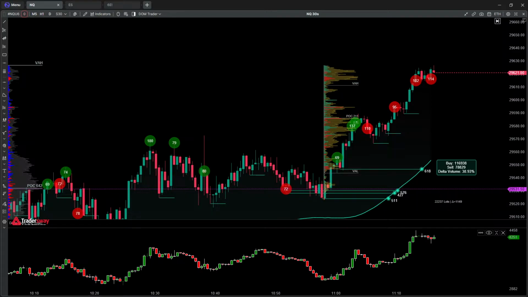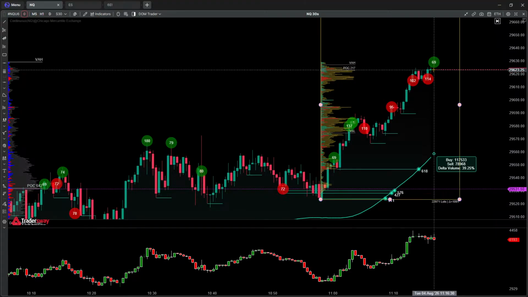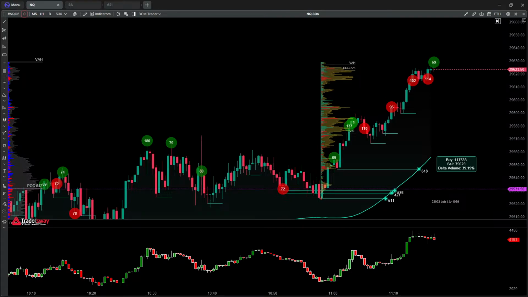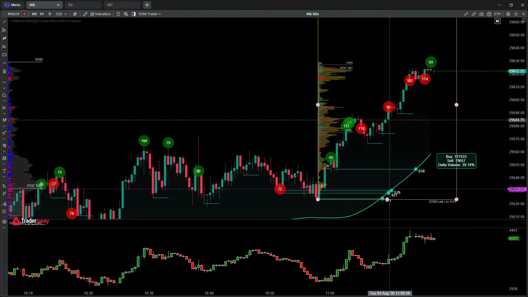Now I have to go and check the gamma exposure. See where the gamma is for S&P 500 spot. Now the POC of this leg shifted higher.